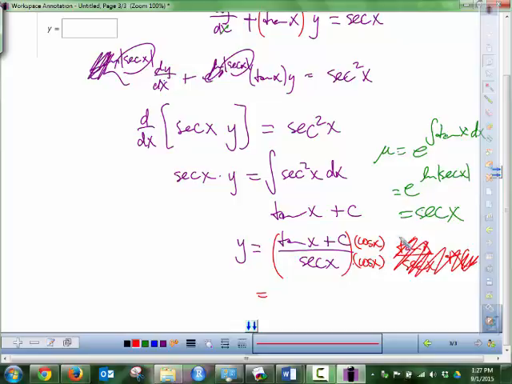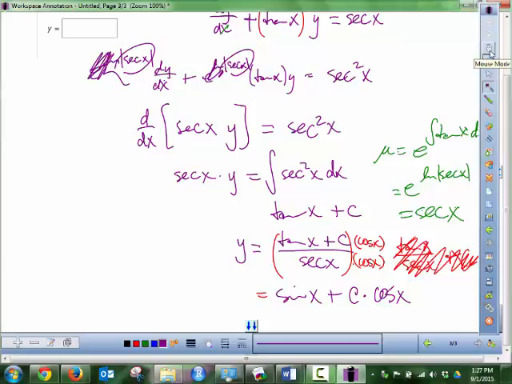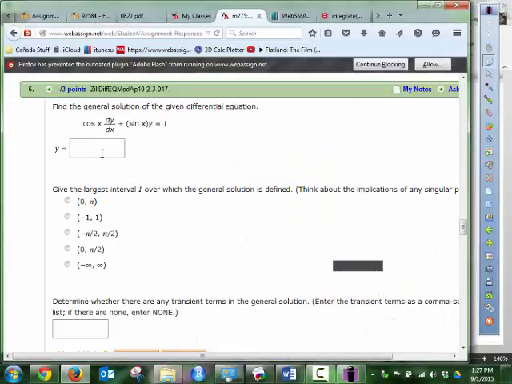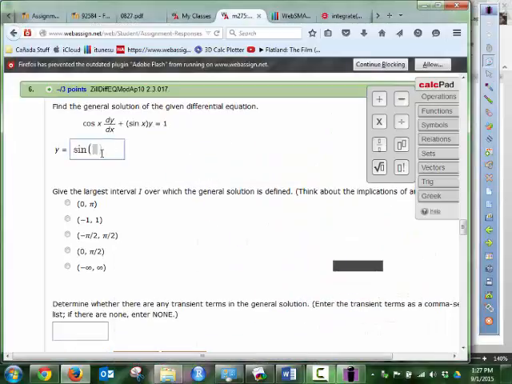So tangent times cosine is just sine, right? And then a constant times the cosine of x. All right, so let's try that. I hope it works. Sine x plus a constant times cosine of x.